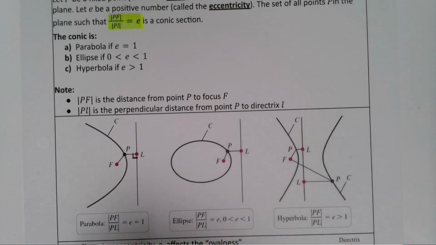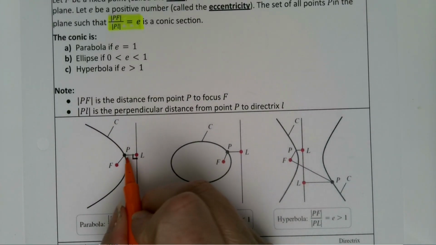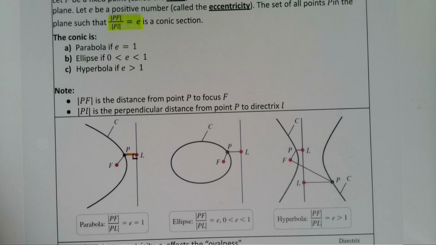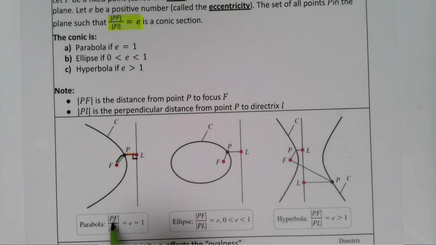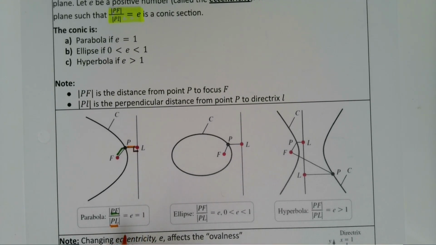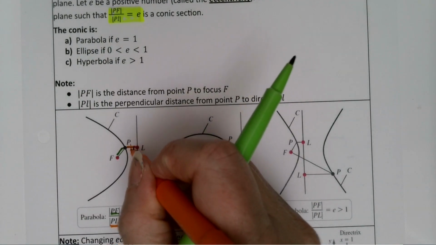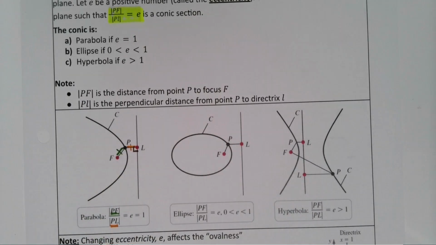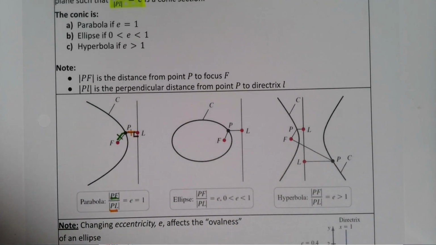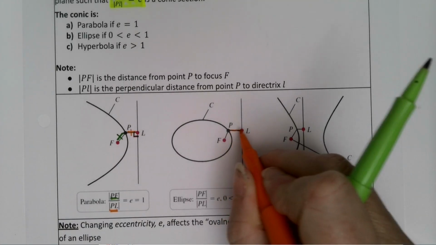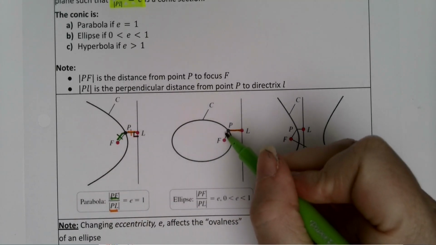Now, if it so happens, let me just highlight these. If the green, which is FP, and the orange, which is PL, so PF over PL is always the same, then if this and this are equal, great. But what if PL is a bit longer than PF?